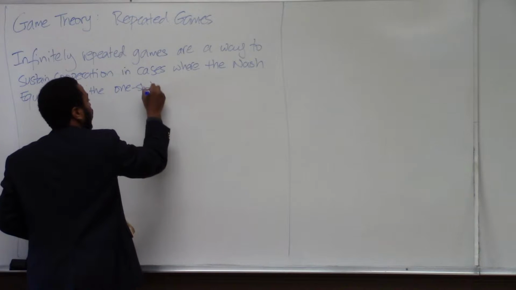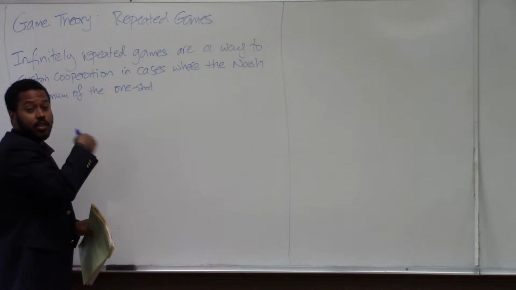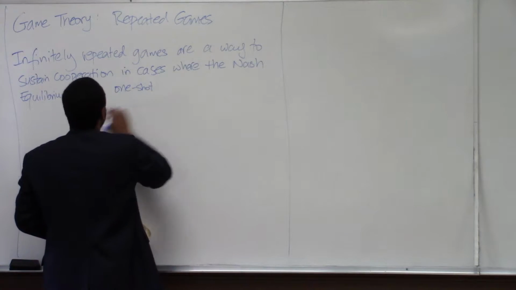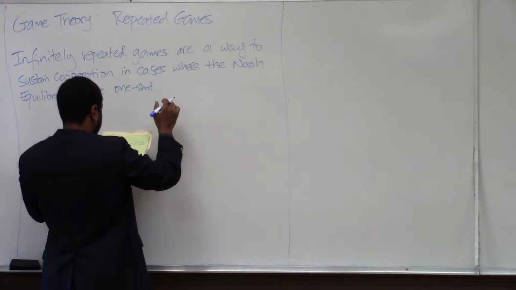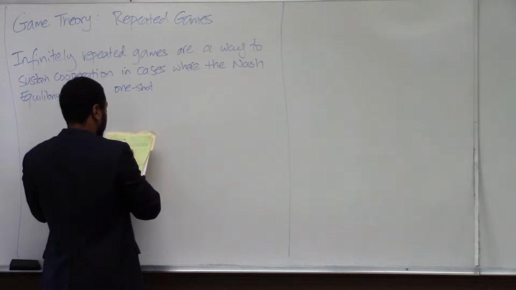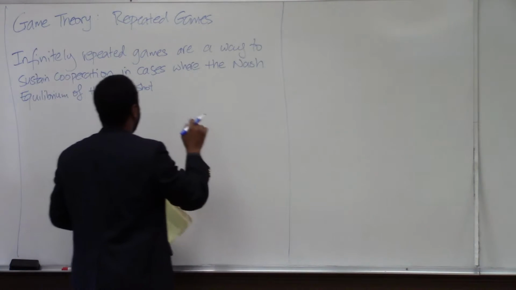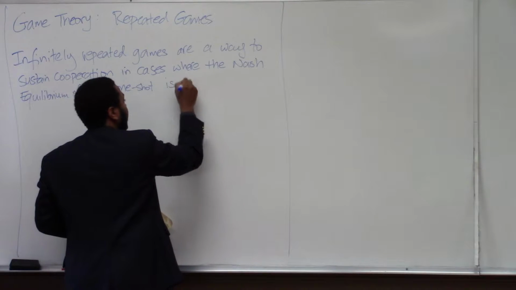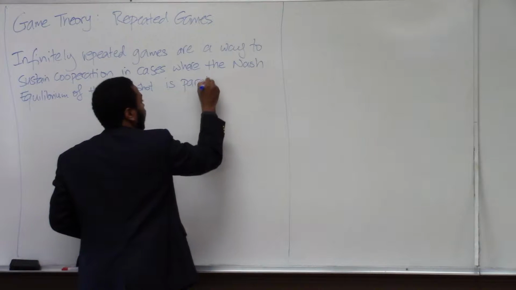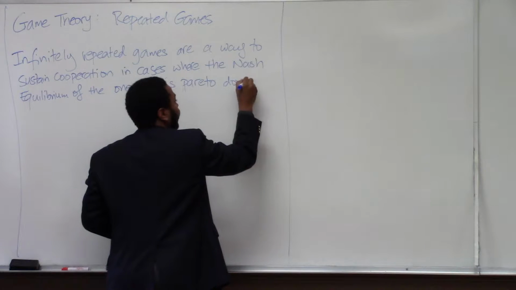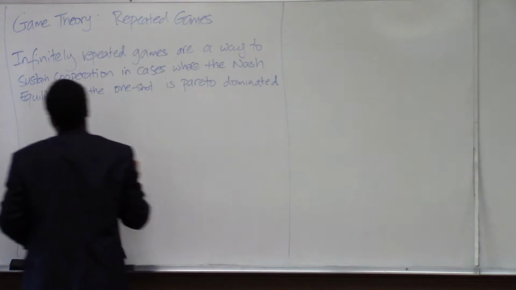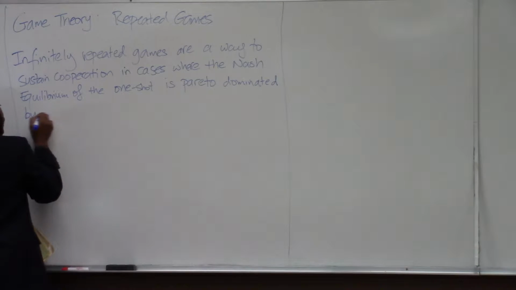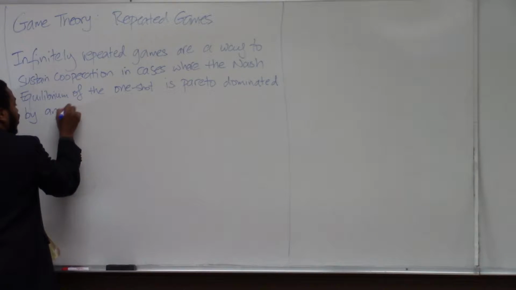And by one shot, what we mean is you just have a single interaction and there's going to be no repeated interaction. Where the Nash equilibrium of the one-shot game is Pareto dominated by an alternative set of actions.